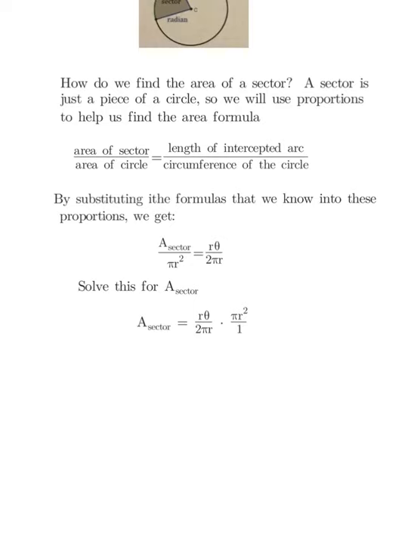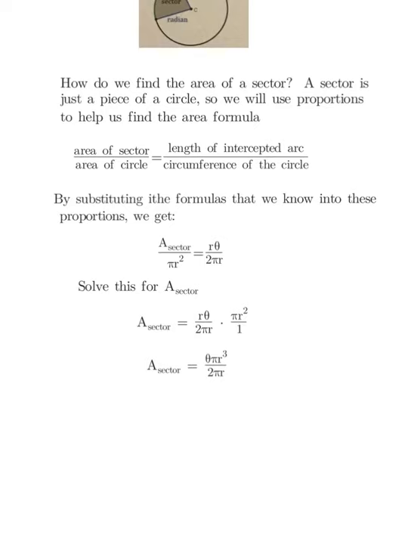So we now have r theta over 2 pi r times pi r squared over 1. If we do that multiplying, then we get theta pi times r cubed now in the numerator, and then the denominator 2 pi r.